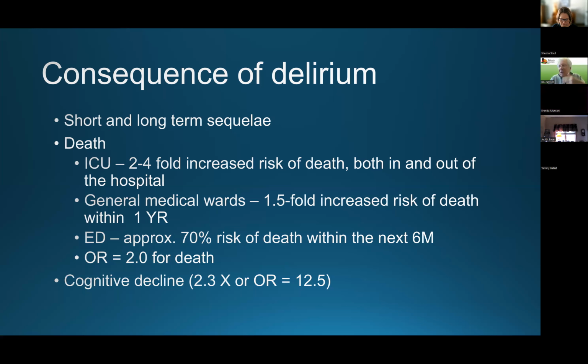And then it slowly comes back. But in terms of delirium-related cognitive decline, that may be a permanent dip or decline in cognition that could lead to frank dementia or Alzheimer's.